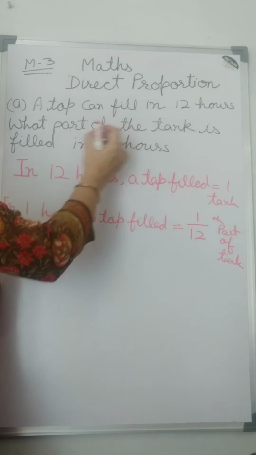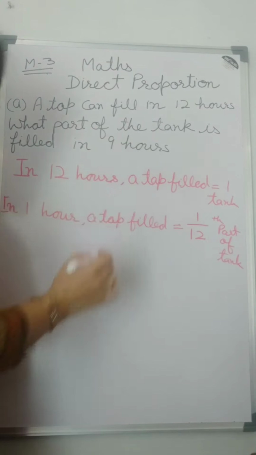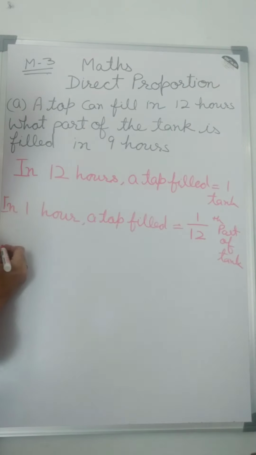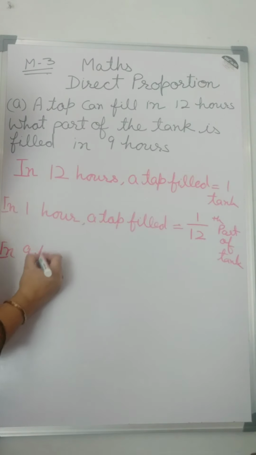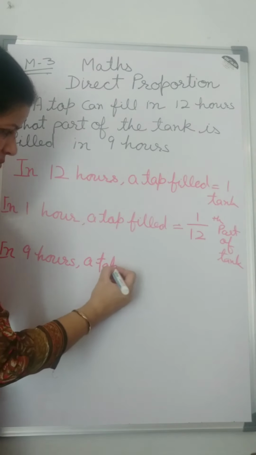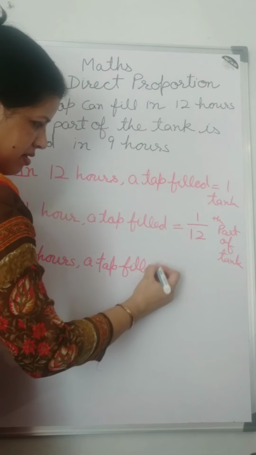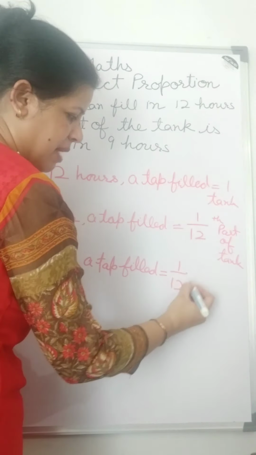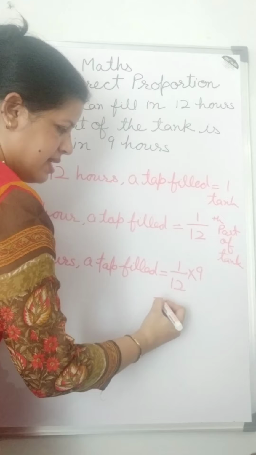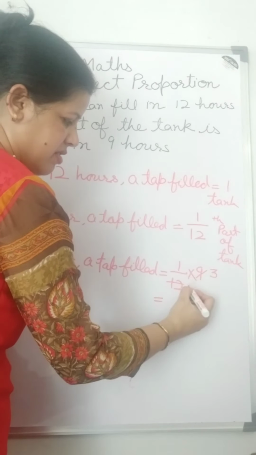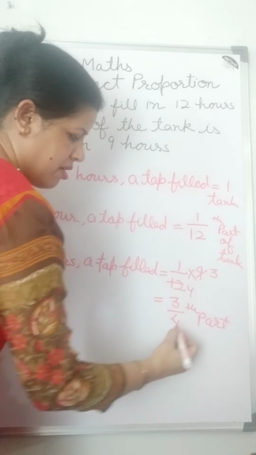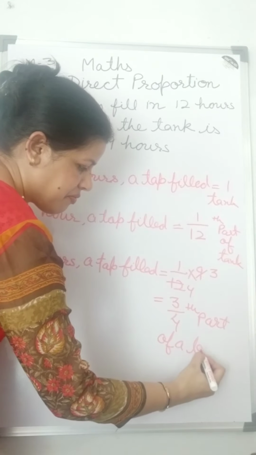Now the next is, what part of the tank is filled in 9 hours? So here we have to find how much the tap fills in 9 hours. So we write down, in 9 hours a tap fills, this time we multiply 9 into 1 upon 12. We divide by 3, 3 3s are 9, 3 4s are 12, so 3/4 part of our tank.